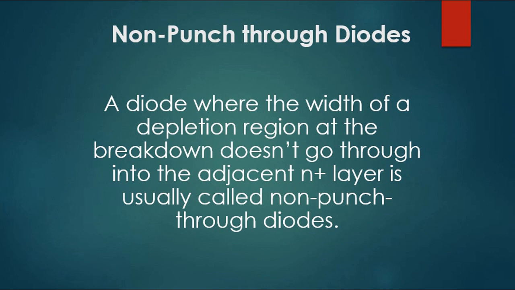You know what that adjacent means? When they are facing each other. Because in a real power diode, it has three or four depletion regions.